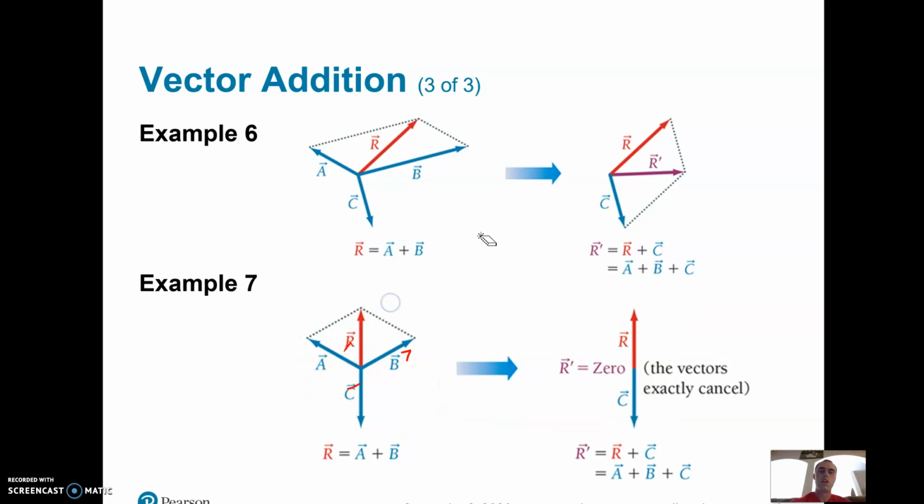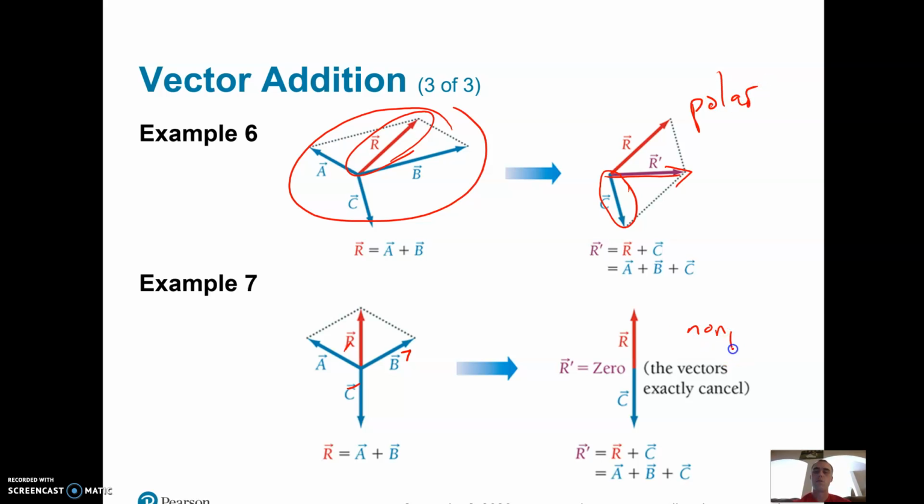Okay, but then these 3 vectors do not cancel out. There is not an equal and opposite pull like we have down here in this one. Okay, so this resultant vector between A and B does not cancel out C here, and has another resultant vector. This would be polar.